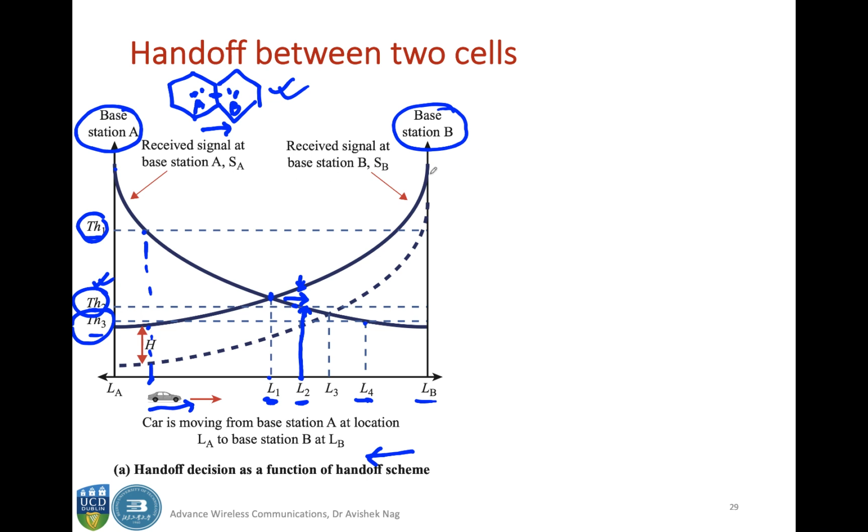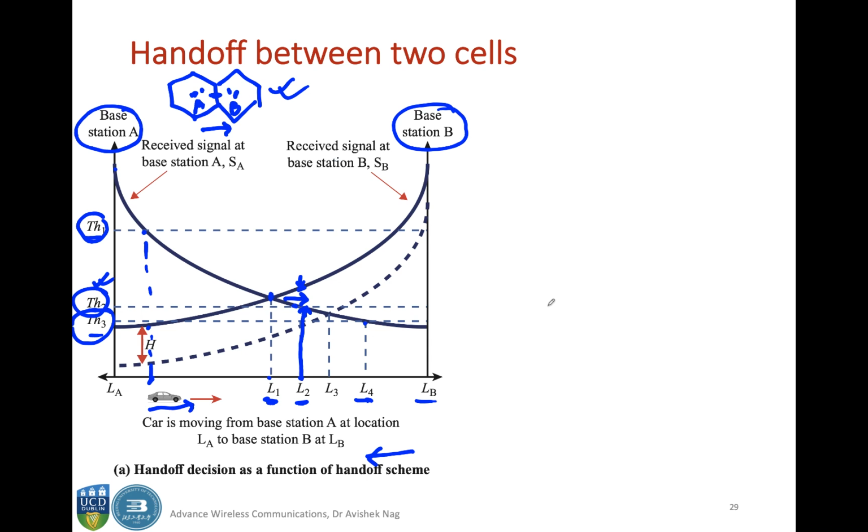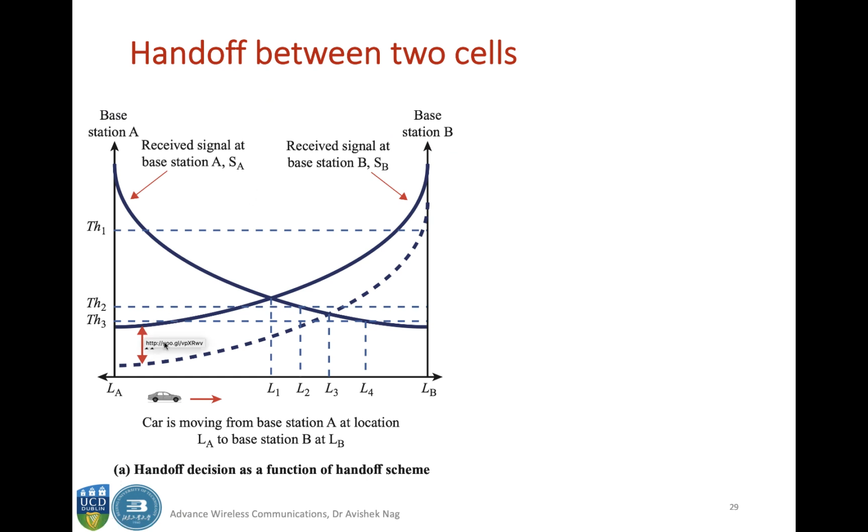So this is your relative signal strength with threshold. Now we can also choose relative signal strength with hysteresis. What is that? Let's say you choose a constant margin of H, and you decide that if your relative signal strength of A is less than B by a margin H, then you initiate a handoff.